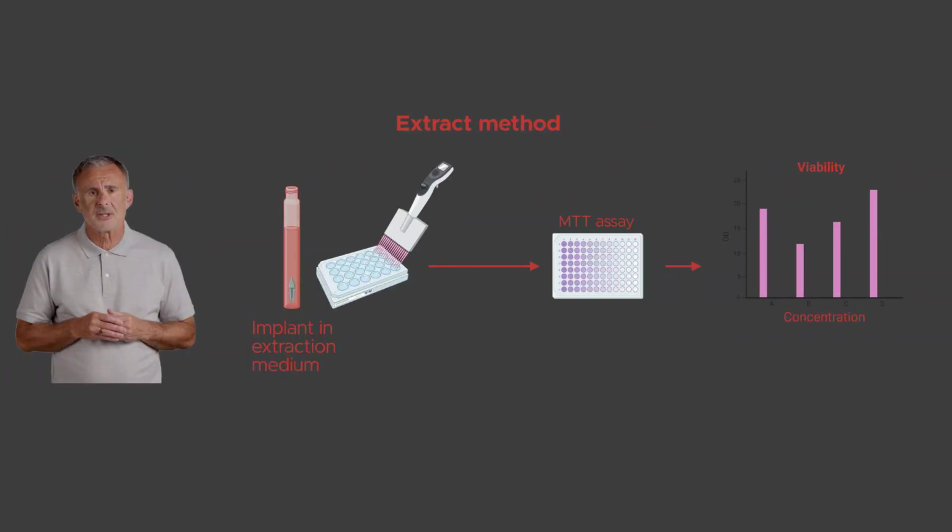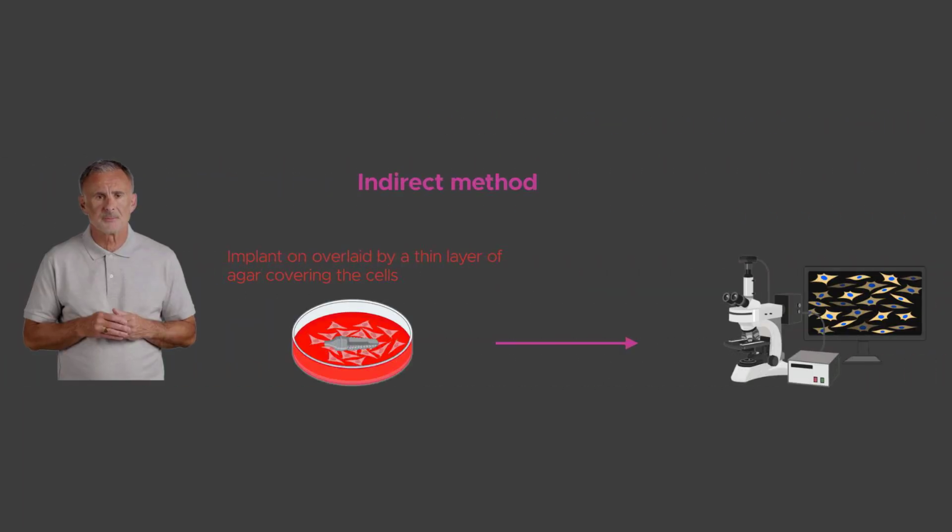In the extract method, which is commonly used for cytotoxicity testing of medical devices, the material is incubated in a medium, and the resulting extract is then applied to cells to detect any leachable toxicants. And lastly, in indirect methods, barrier systems, such as agar overlay, are used to prevent physical damage to cells while allowing diffusion of toxic substances from the test material, such as an implant.